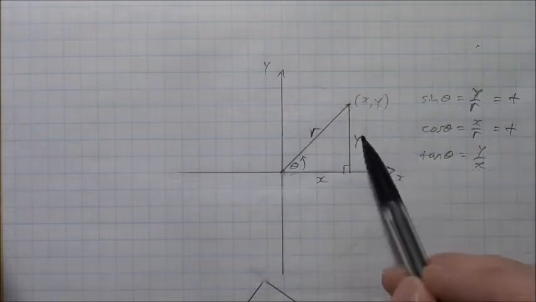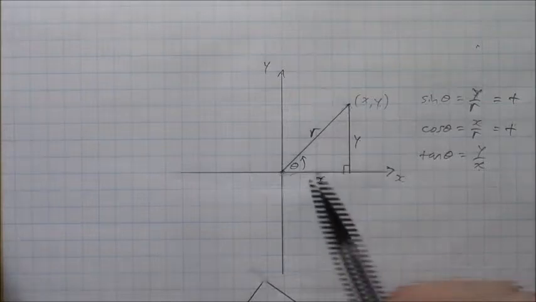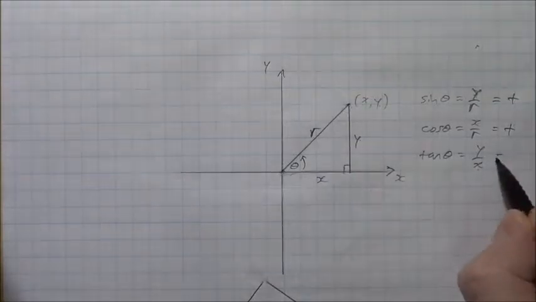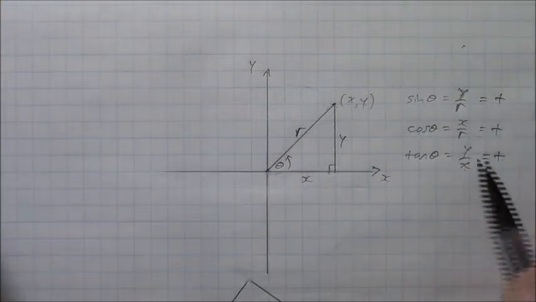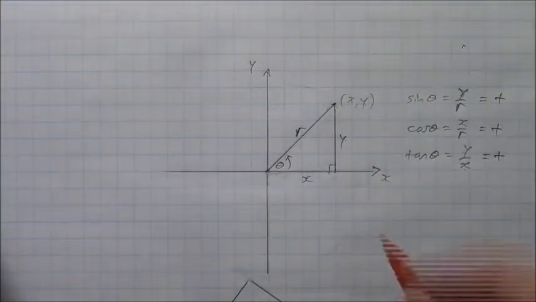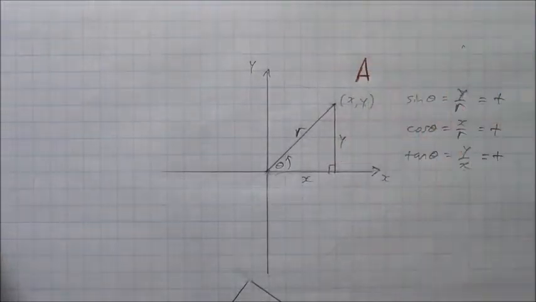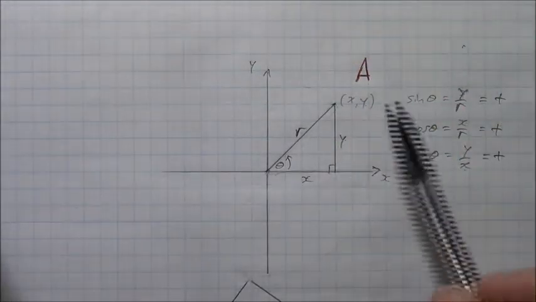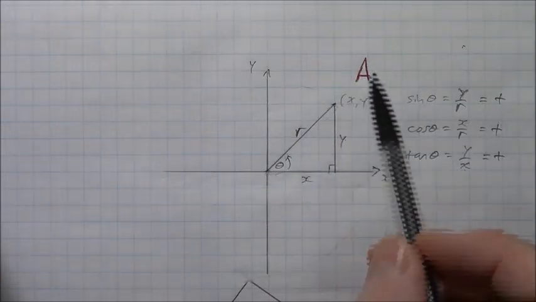Because those are both positive, to the right of the y-axis and above the x-axis, tangent is going to be positive. So all three of the trigonometric ratios for angles in the first quadrant will be positive.